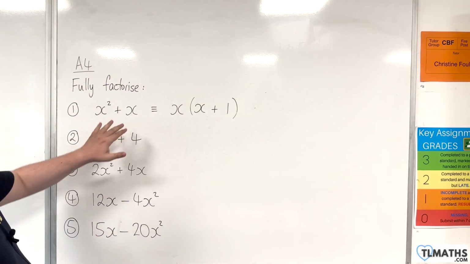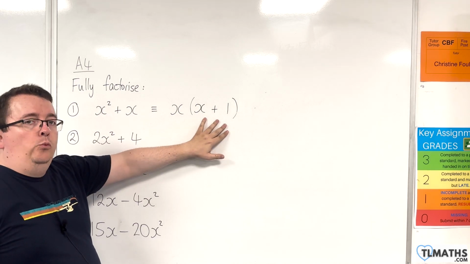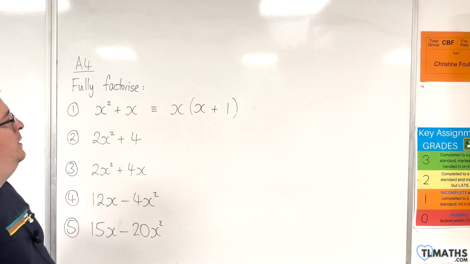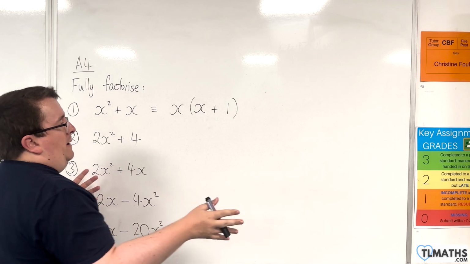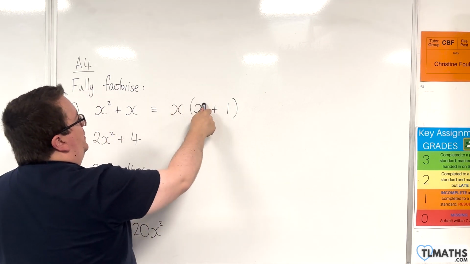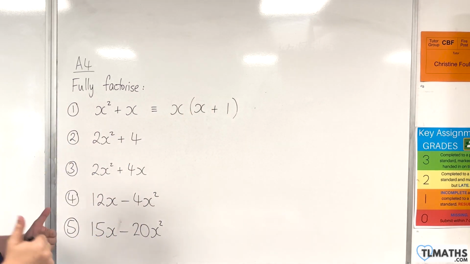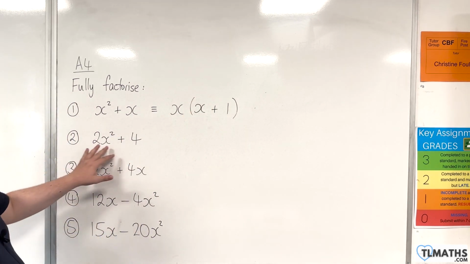So x squared plus x factorises to x times (x plus 1). Okay, so also make sure that you can multiply this back and you should end up with this. So x times x is the x squared, x times 1 is the x. So we're good. Let's take a look at number 2.